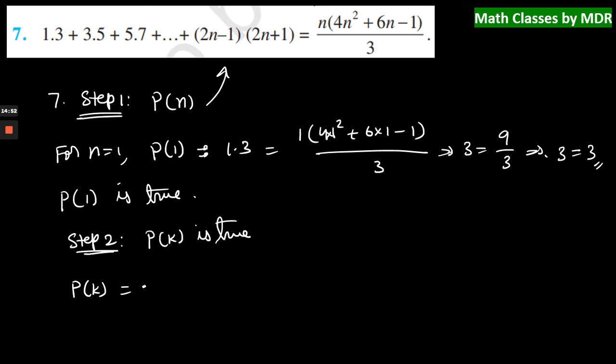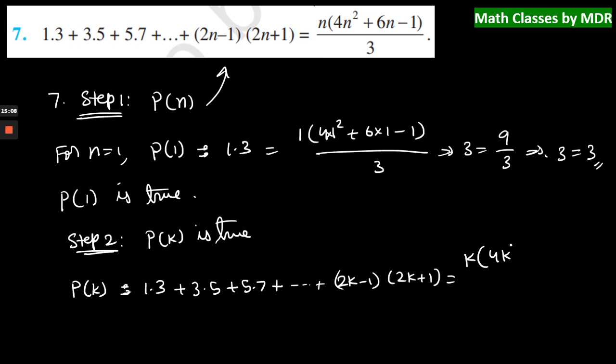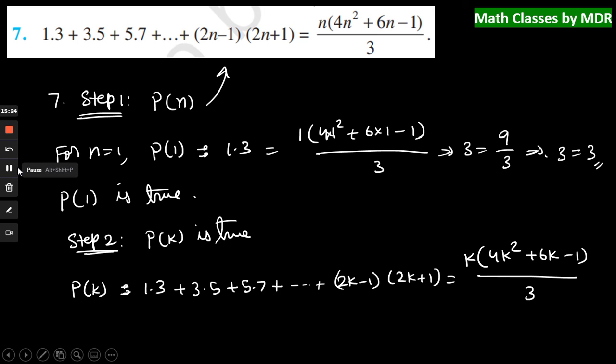P of k is equal to 1 into 3 plus 3 into 5 plus 5 into 7 plus and so on, 2k minus 1 into 2k plus 1, which is equal to k into 4k square plus 6k minus 1 upon 3. So we have assumed that this is true. By assuming this is true, we have to prove that P of k plus 1 is true.